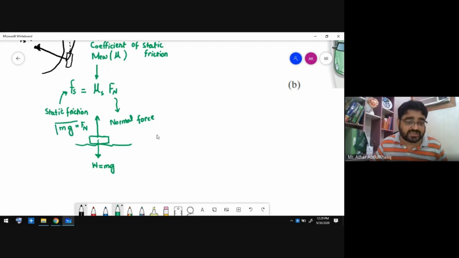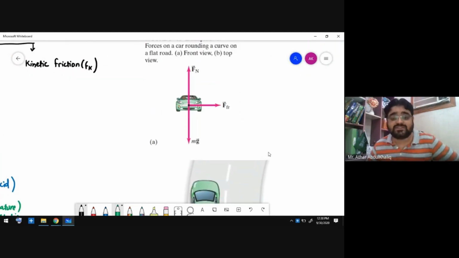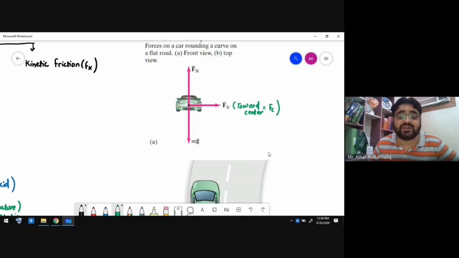So in the case of the car, when the car is on the road, what actually happens? If you see this figure A, there are three forces on the car. One is the friction force, toward the center of the circle or center of the curve, that provides the centripetal force to the car. The weight is acting downward and the reaction of the weight upward.